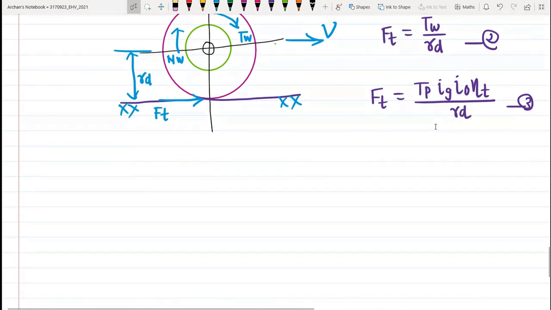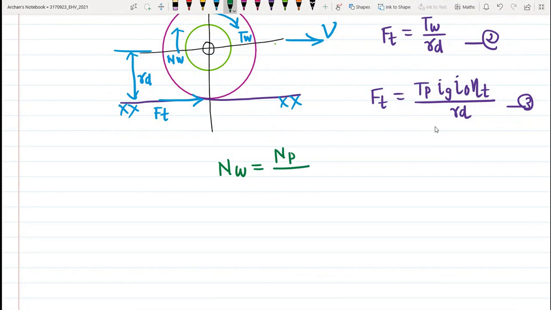The rotating speed of the driven wheel can be given by Nw equal to Np upon Ig I0, where Np is the output rotating speed, right? And the translational speed of the wheel center can be expressed as V equal to pi Nw Rd by 30 meters per second.